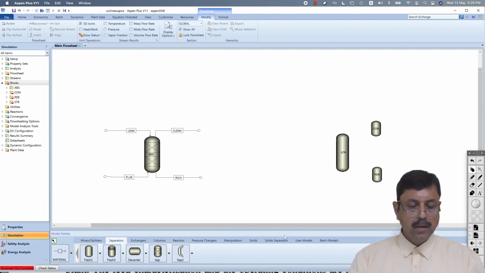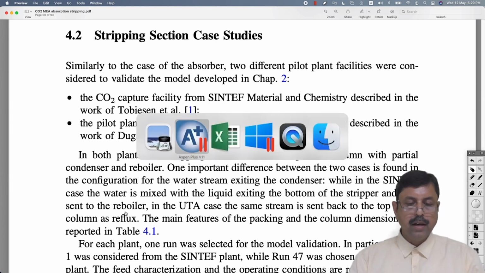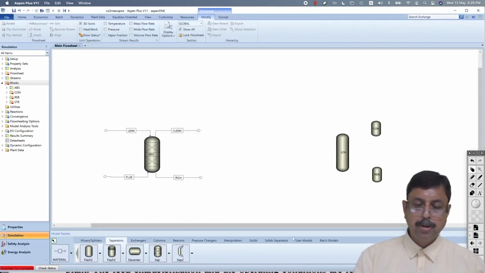Okay. So as it is said, water stream exiting the condenser is mixed with the liquid exiting the bottom of the stripper and then sent to the reboiler. So basically, this stream is sent to the reboiler, and this stream also is sent to the reboiler.